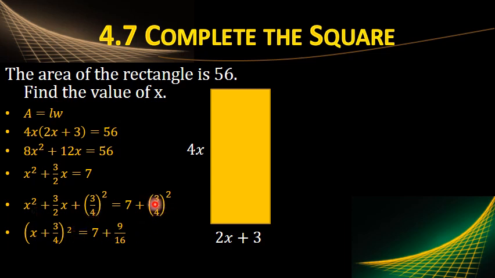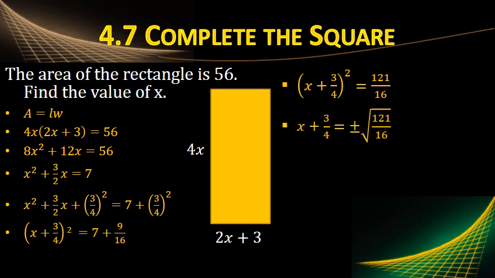And here, this 3 squared is 9, 4 squared is 16. To add these fractions, remember to get a common denominator. 7 times 16 is 112. Plus 9 gives me 121.